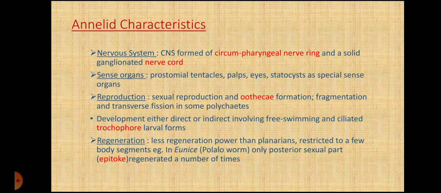Then next we talk about the regeneration. Annelids have a lesser power of regeneration than planarians. In the majority of the annelids, only a few body segments, at either end or both ends of the body, can be regenerated. The number of segments regenerated is specific to species.